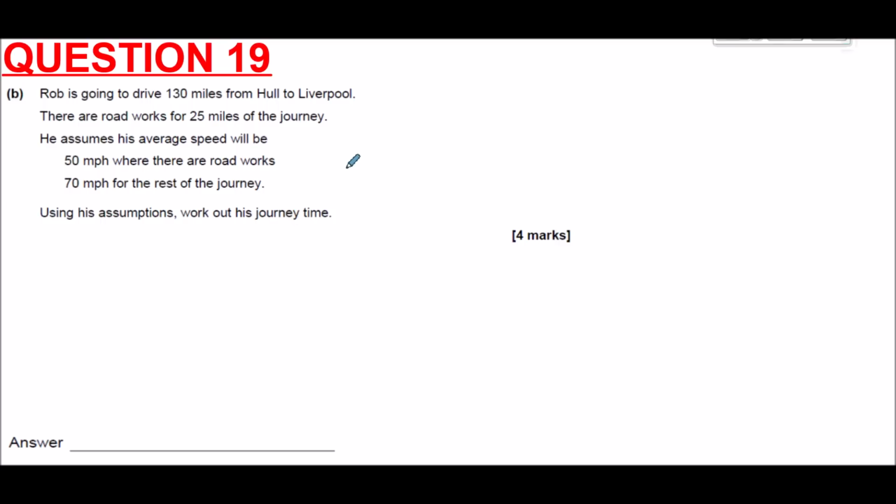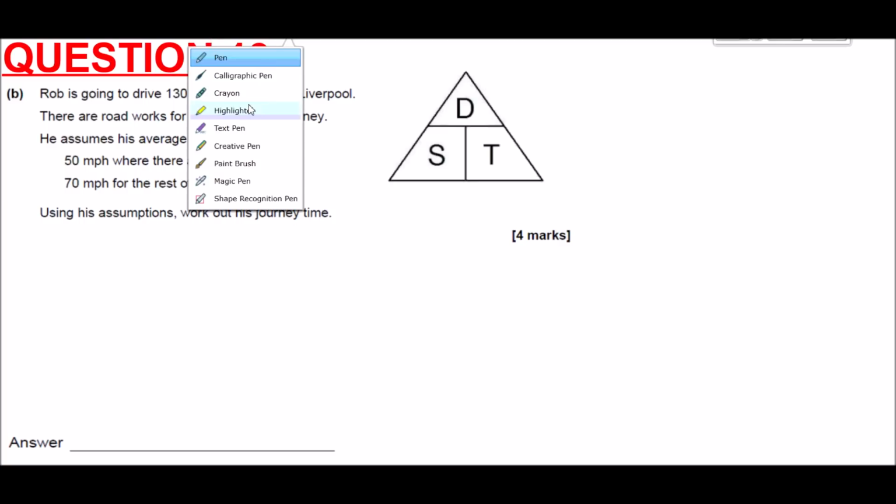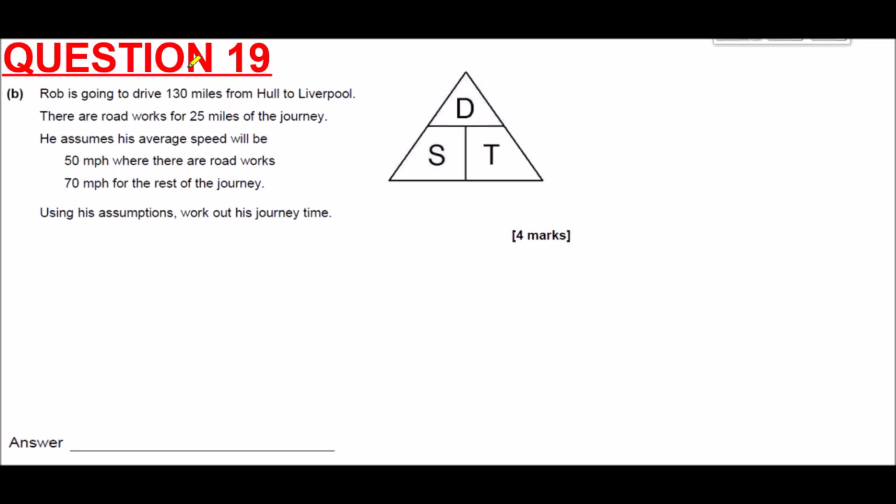So what you might be thinking here is that it'll be a formula triangle, and if you did think that, you'd be right, because this one is a formula triangle, speed, distance, time. And so in this case, what we need to do before we get to the triangle is to think about the information we've been given. So what we've got here is some roadworks.